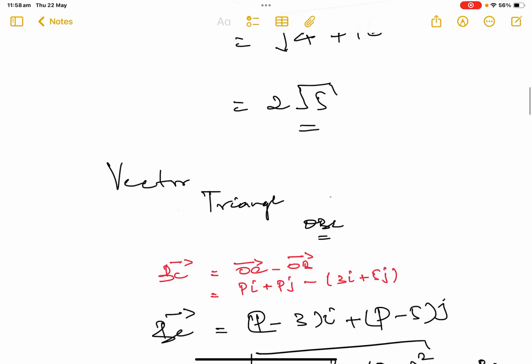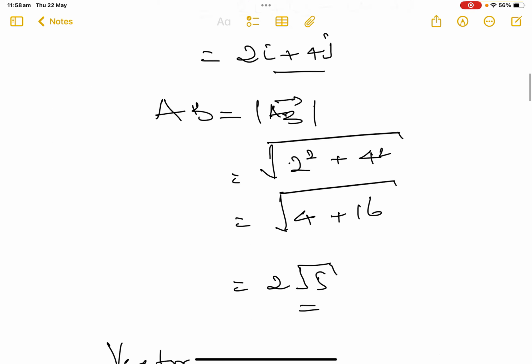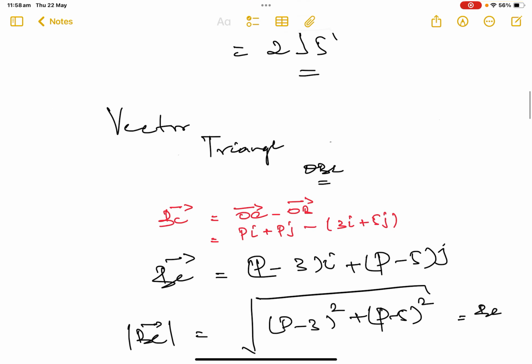That's the first question. And the second one: the position vector of C is given in the form of p, and AB and BC are equal, and find OC. Right, okay. So I take vector BC. BC is OC minus OB.